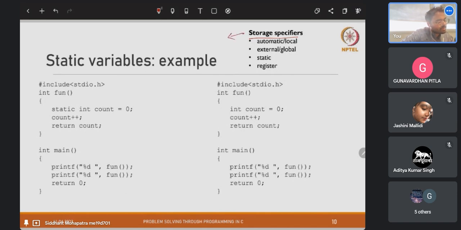So this is used to specify till what point, till what time, a variable should exist.